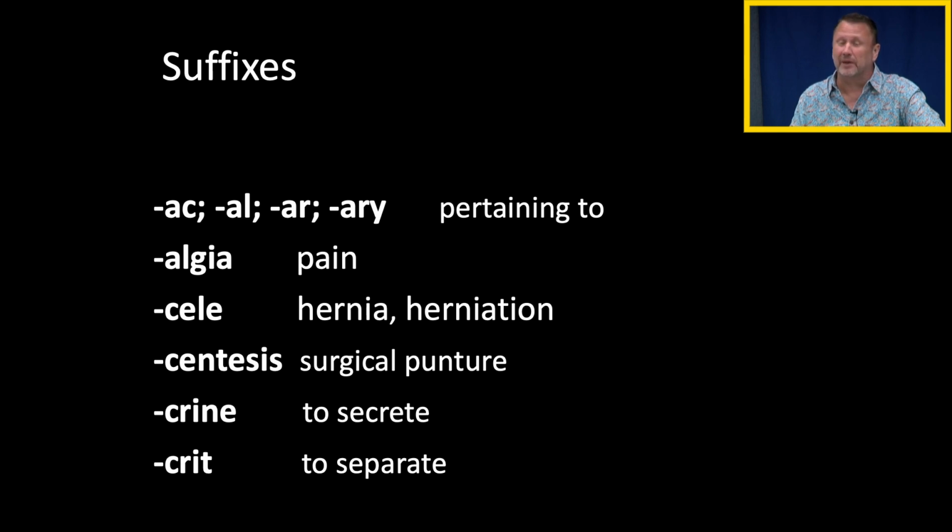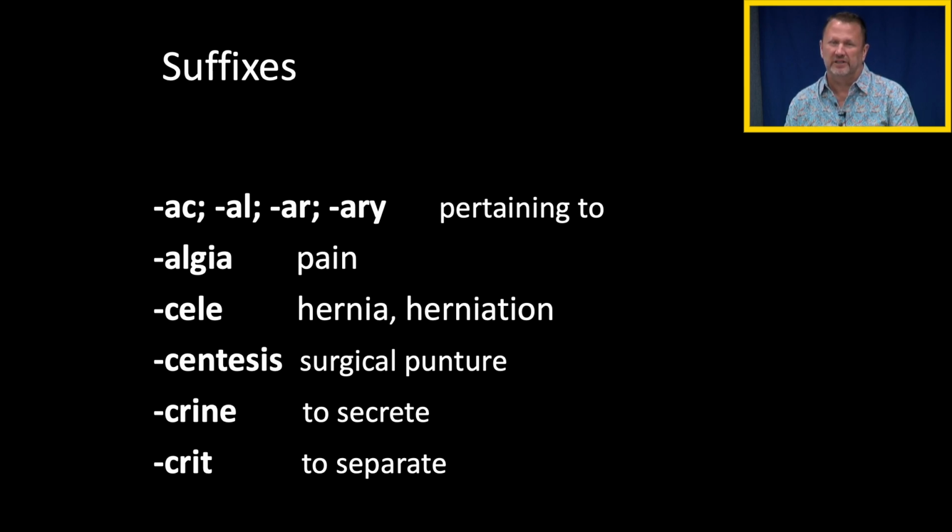And so anytime something hollow goes through a hole where it does not belong, it ends up with the word cele. And we'll see that as we go along. Centesis means a surgical puncture, usually done with a needle. And so when we do arthrocentesis, we're taking a needle and putting it in the joint to drain fluid.